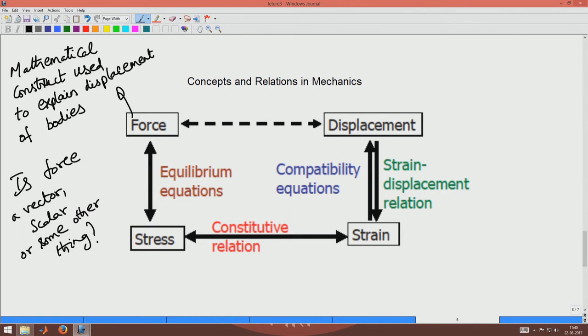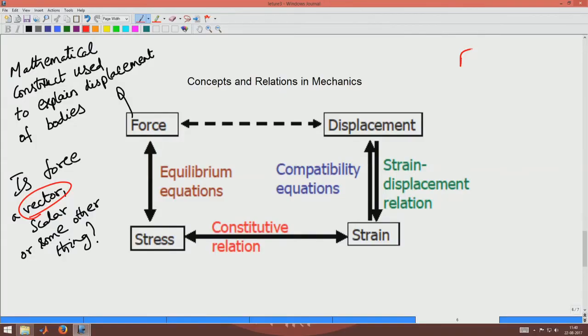Can you demonstrate by experiments that it is a vector or a scalar? Force is a vector quantity, not because force is mass times acceleration and acceleration is a vector, but because we can independently show that force is a vector quantity since it follows the parallelogram law of addition, and does not follow scalar addition rules.